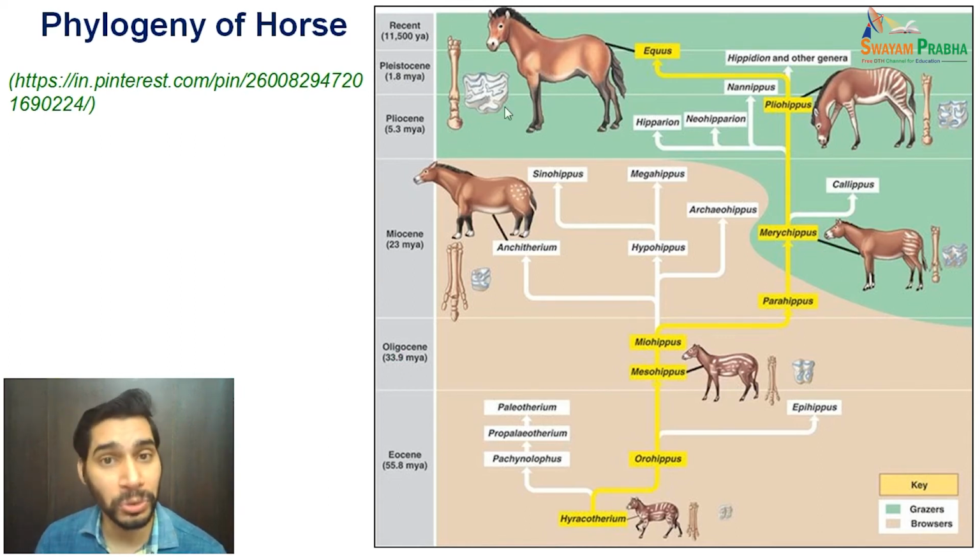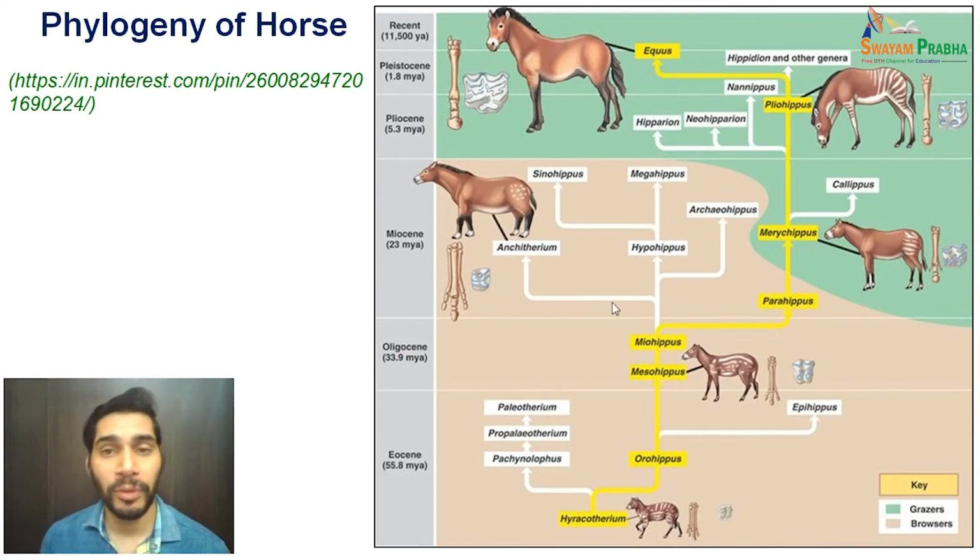It also shows the teeth structures. Also in this picture, with respect to each epoch, you can see which form of horse was prominent or present in which epoch.